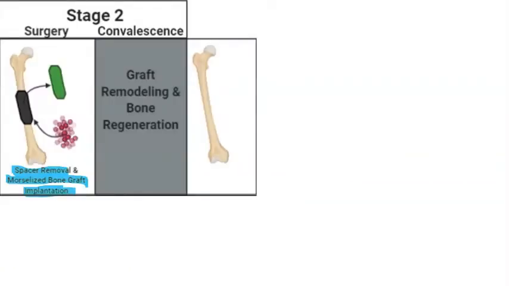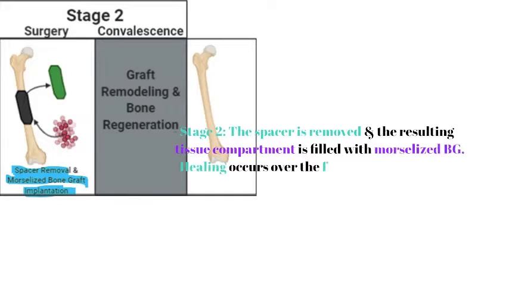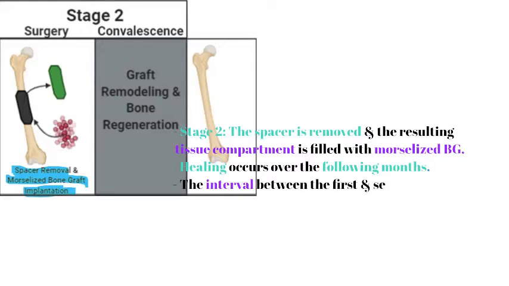In stage 2, during the second surgery, the spacer is removed and the resulting tissue compartment is filled with morcellized bone graft. Healing occurs over the following months. The interval between the first and second surgery is from 4 to 96 weeks.